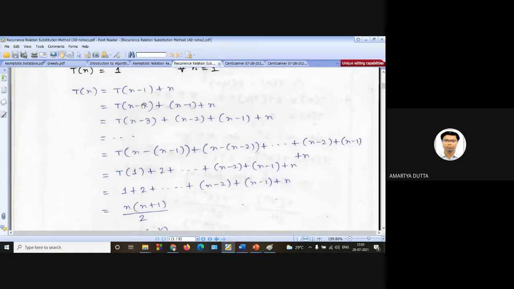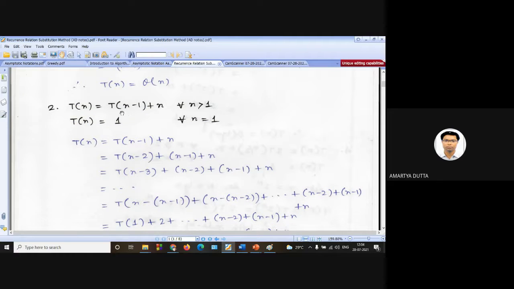Why? Because using the substitution method, T(n) = T(n-1) + n. The next one, T(n-2) + (n-1) + n. So in this way, I am getting the basis step T(1). So T(1) + 2 + 3 up to (n-2) + (n-1) + n.